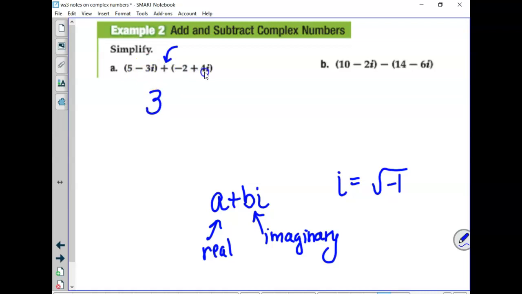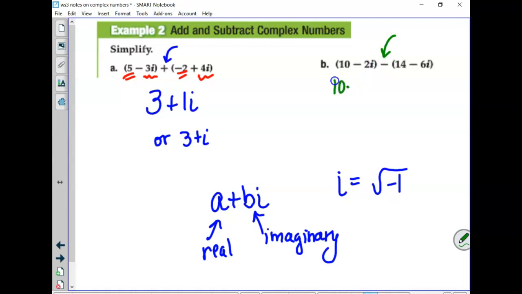The imaginary part plus the imaginary part adds up to 1I. Or you could just write it as 3 plus I. Any questions on adding complex numbers? We added 5 and -2, and we added -3 and +4. You good? Yeah. Okay.